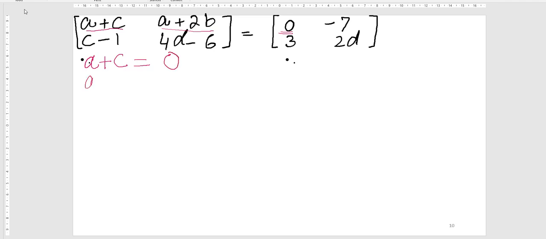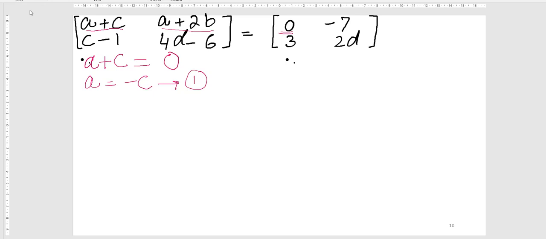And a is equal to minus c, because if we move c to the other side of the equation, its sign changes. When you take anything from the left hand side to the right hand side, the sign will change, and if you bring something from the right hand side to the left hand side, again the sign will change.